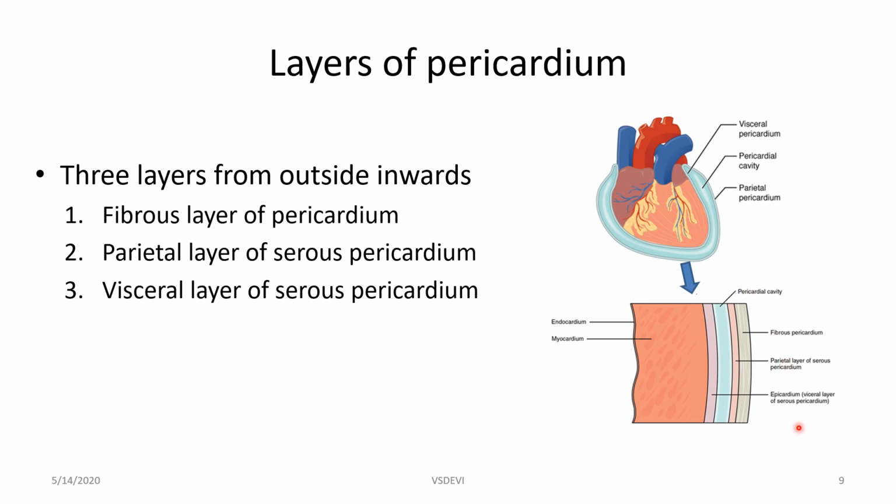In this picture you can see from outside inwards the layers are the fibrous pericardium, parietal layer of serous pericardium, pericardial cavity, visceral layer or epicardium, then the myocardium and the inner lining of the heart, that is called the endocardium. So now it is understood the arrangement of layers of the pericardium.